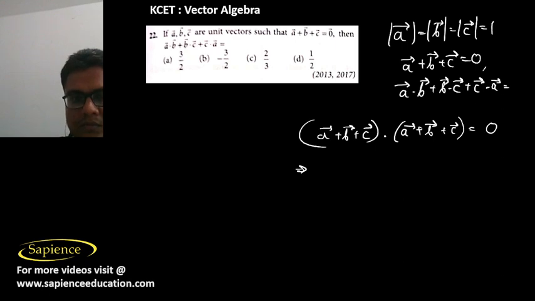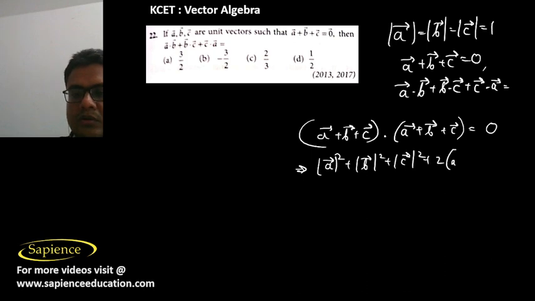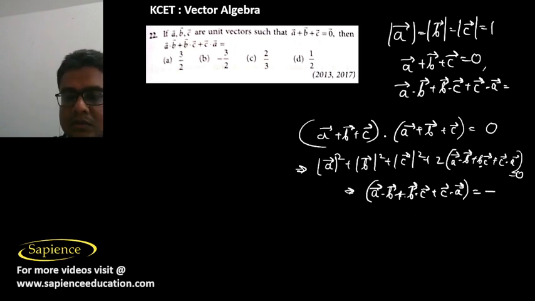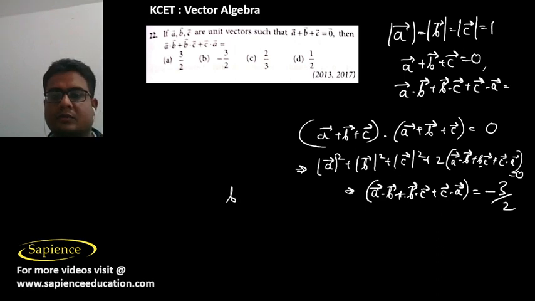Therefore, mod A square plus mod B square plus mod C square plus 2 into A dot B plus B dot C plus C dot A is equal to 0. Therefore, A dot B plus B dot C plus C dot A will be equal to minus 3 by 2. Option B is the correct one.